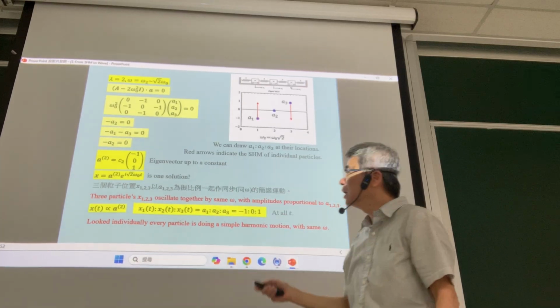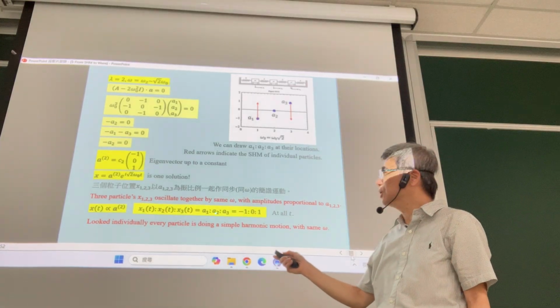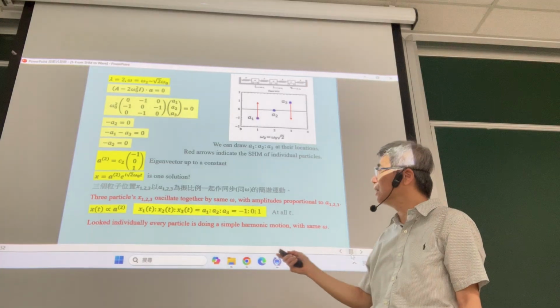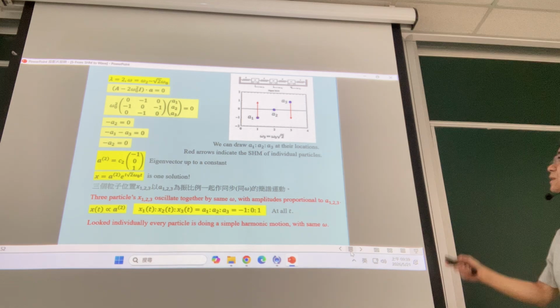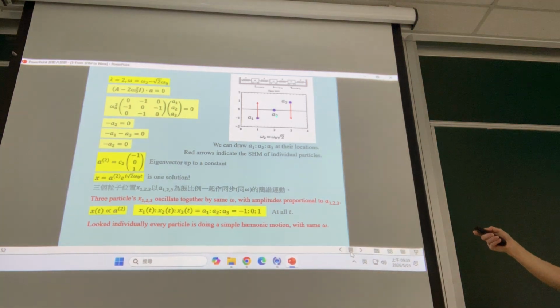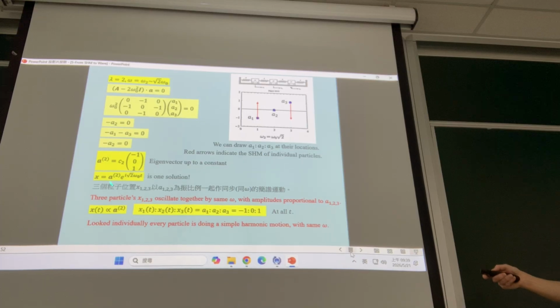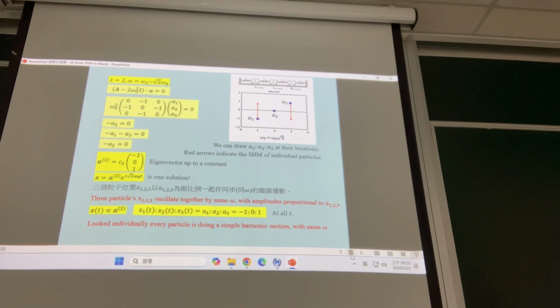That means x1, x2, x3, the ratio between them, is just equal to A1 to A2 to A3. In this case, it's -1, 0, 1. So this diagram tells you the eigenvector, and the eigenvector tells you how the 3 particles will oscillate in this pure mode.